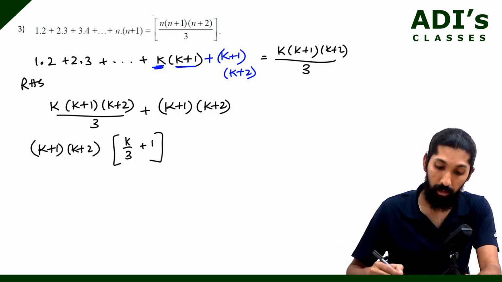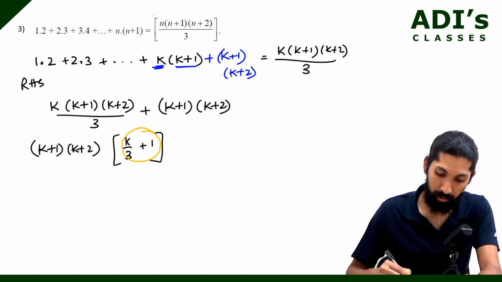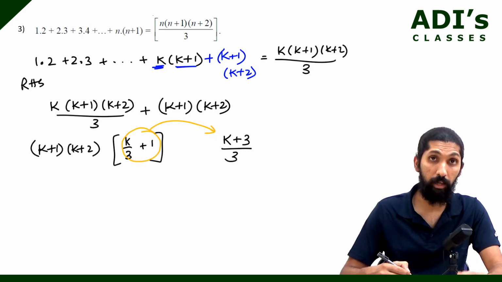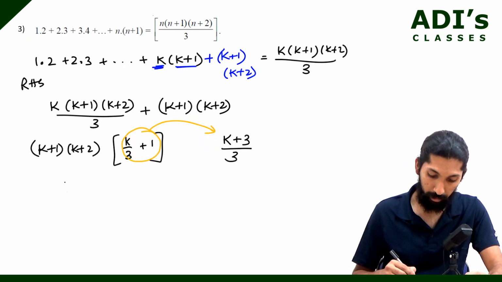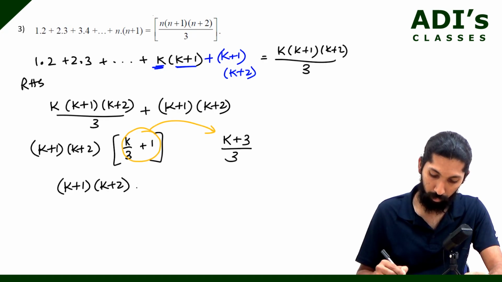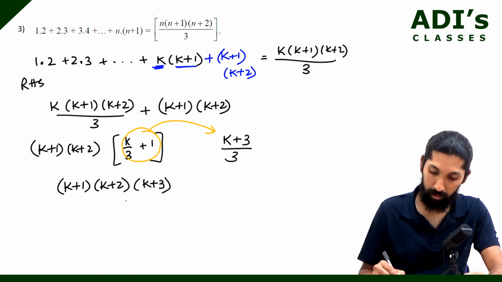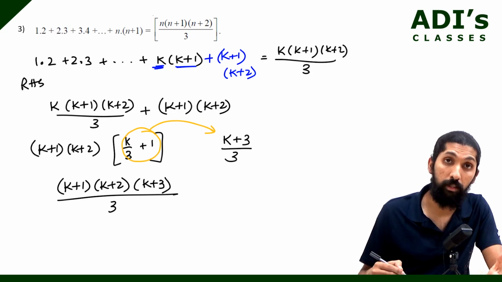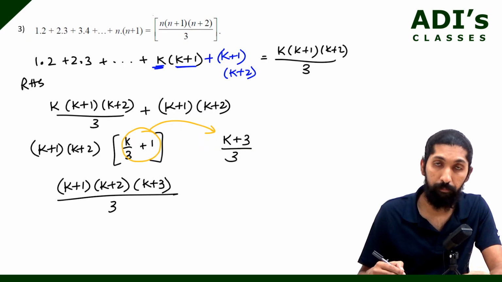Again, only concentrate on what is inside the bracket. If you write this one here, you will have k plus 3 divided by 3, after taking the LCM. So what do you get? k plus 1 into k plus 2 into k plus 3, whole divided by 3. This is nothing but P of k plus 1, what we did in step 3, isn't it?